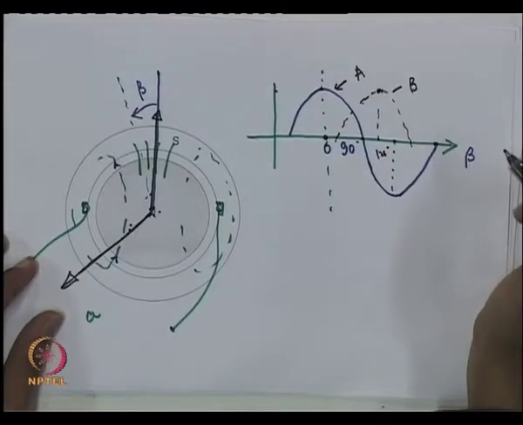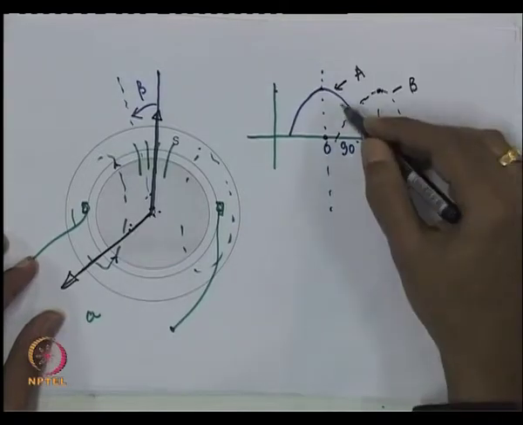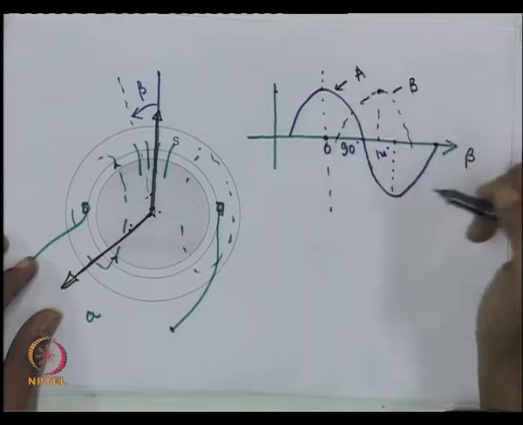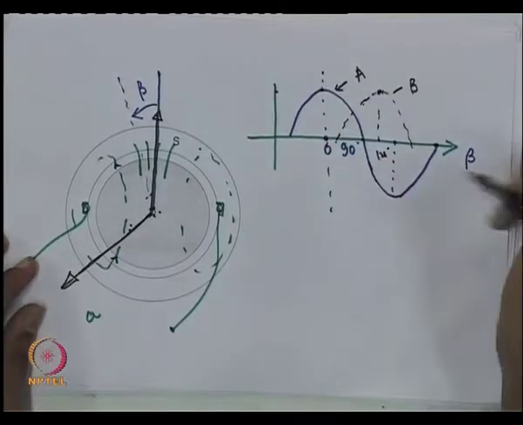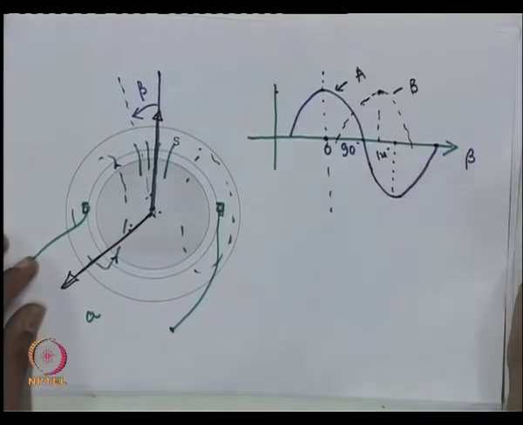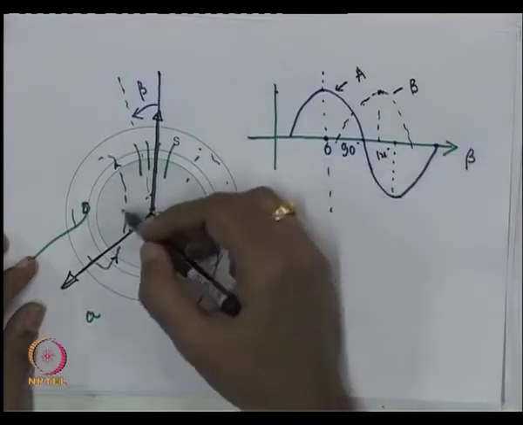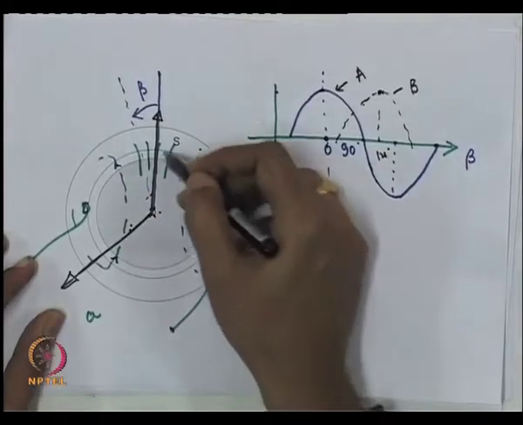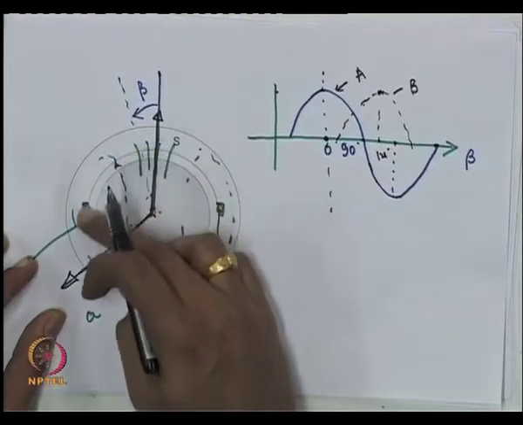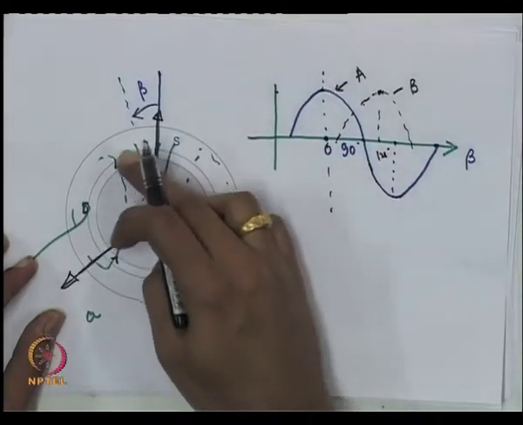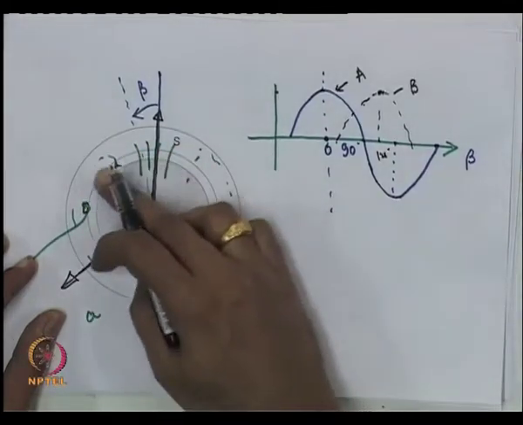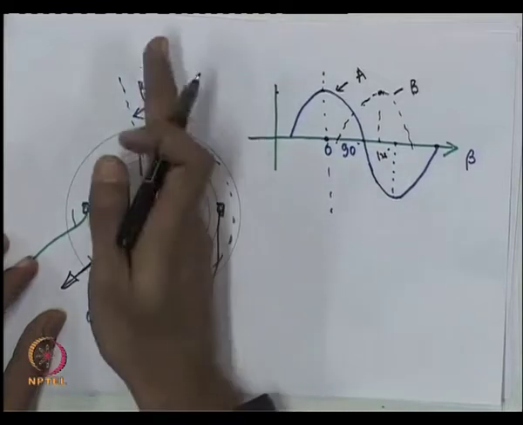Is that okay? Now, once I take out the MMF, I need to compute the flux. So, the next step is to compute the flux. Now, the flux, if it is a cylindrical rotor machine, is quite straightforward, because the reluctance of a cylindrical rotor machine does not change with this beta.